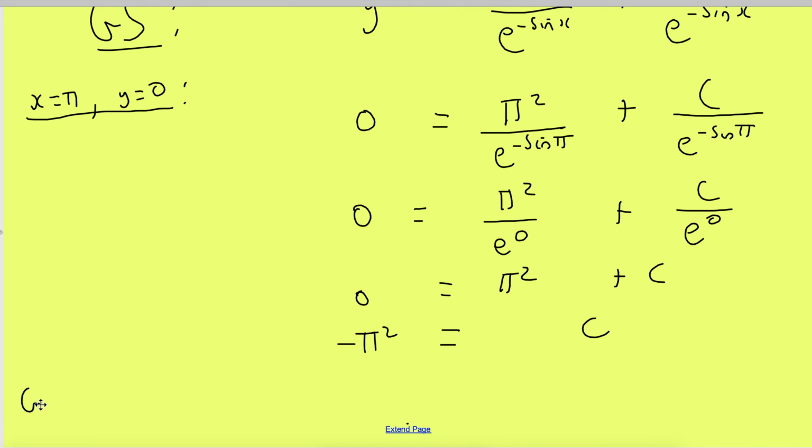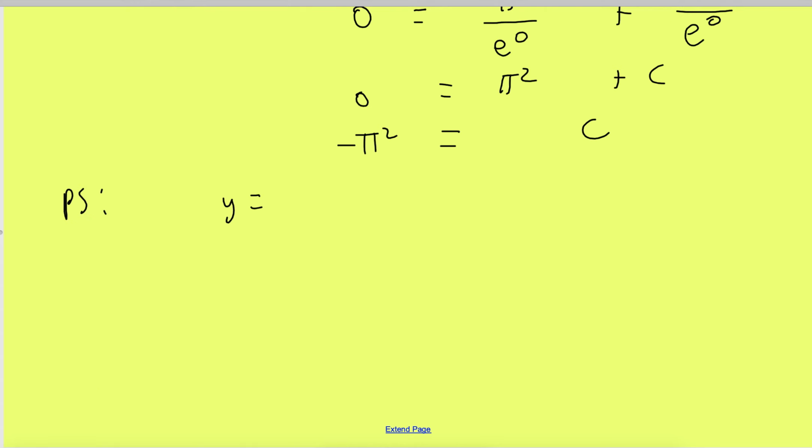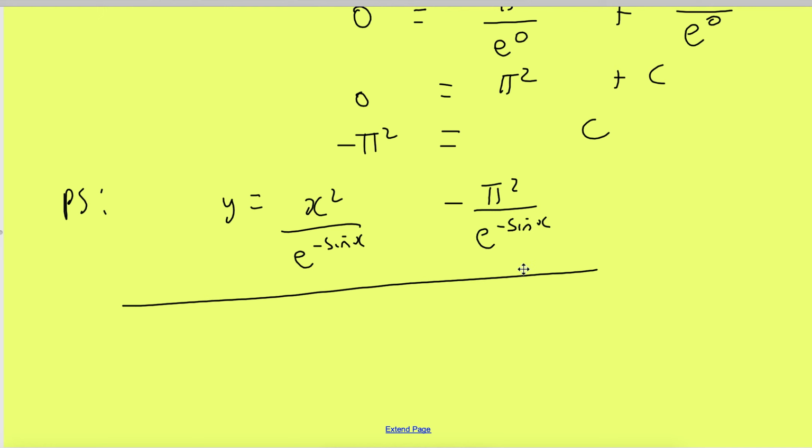So then your particular solution is y equals x squared over e to the power of negative sine x, take away pi squared over e to the power of negative sine x. And that's my particular solution there. So just substitute in the negative pi squared for c.